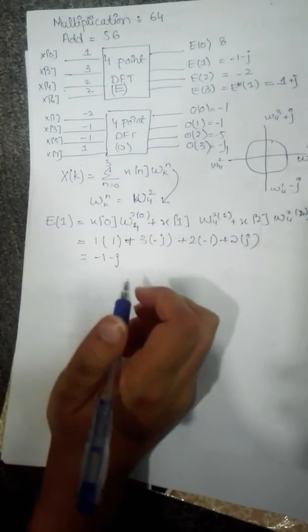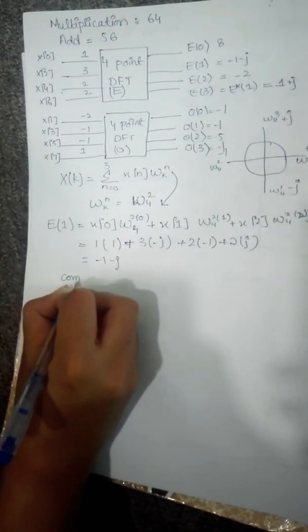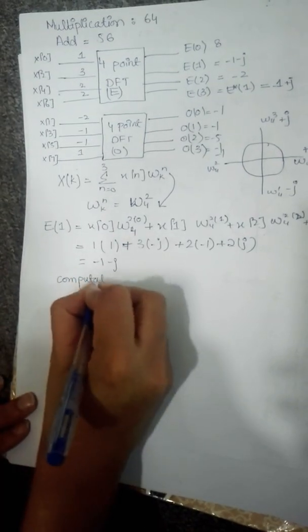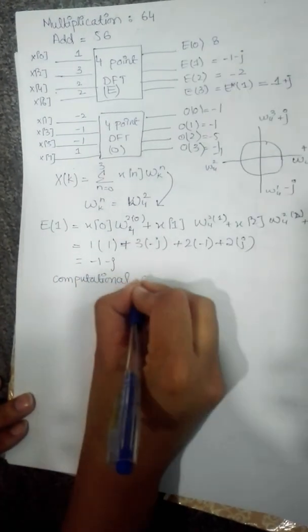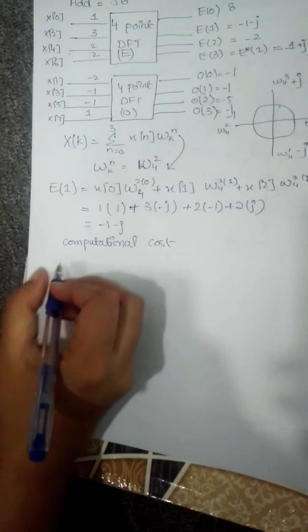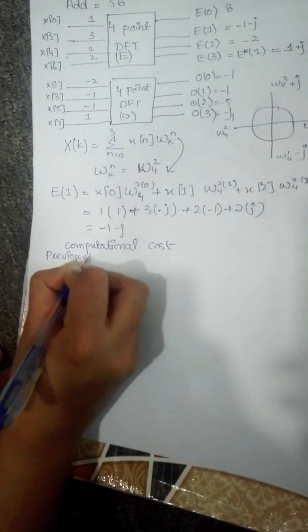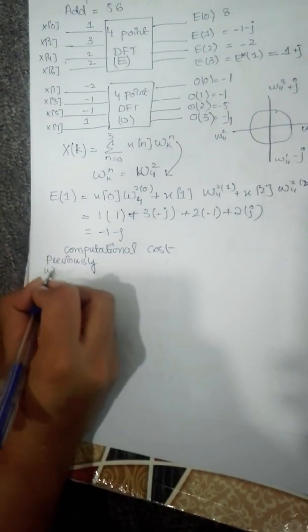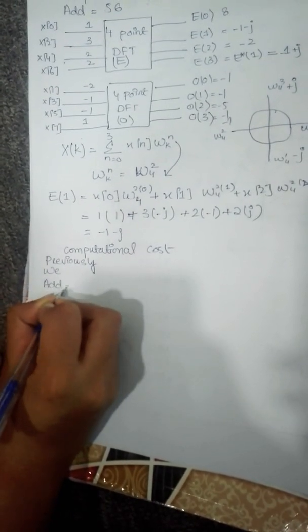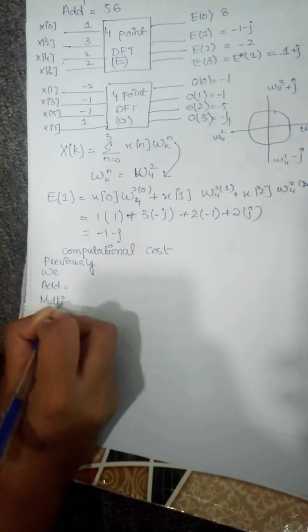Now we will see the computational cost in this case. Previously, we required additions and multiplications.